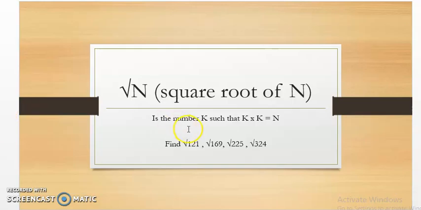In the same manner, the square root of a number N is k if k into k gives us the number N inside the square root. So can you find out what is the square root of 121, 169, 225 and 324?